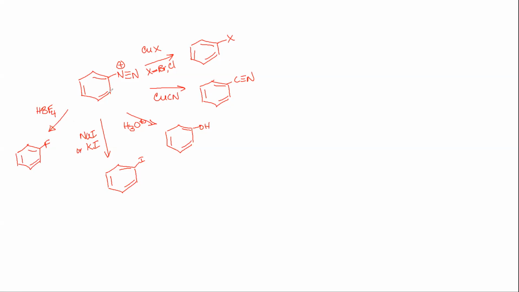So the idea is that from the diazonium salt, we have all these different reactions that allow us to put all these different groups on the ring. So it's what would be called an intermediate compound, because it would let us make all these different compounds from it. In my PowerPoint notes, I had these all as separate reactions. I do have a version where I wrote them out as a wheel, where once you have that, you can go in all these different ways.